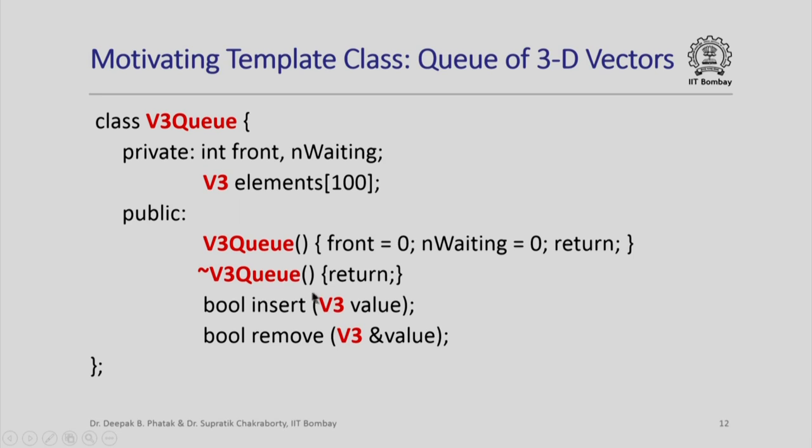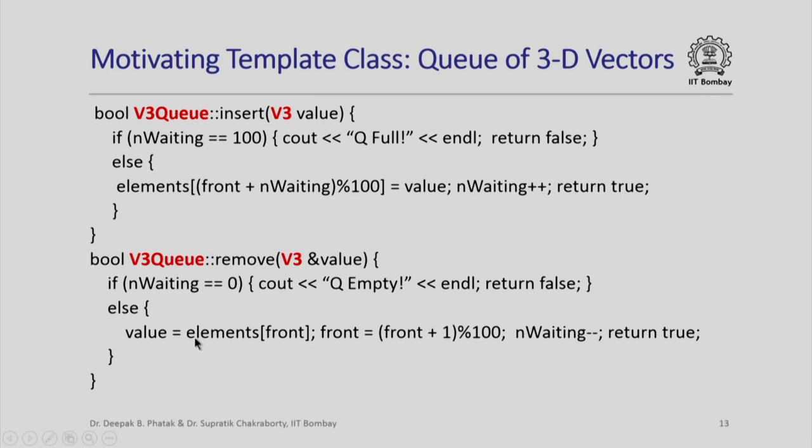So this is really the only difference between the integer q class we saw earlier and the v3q class that we are seeing now. How about the definitions of the member functions? Well, they are also almost exactly the same. In this particular case, the only difference in the definitions of the member functions are of course the name of the class before the scope resolution operator and the type of the parameters, and that's pretty much it. That is the only difference between these two q classes.